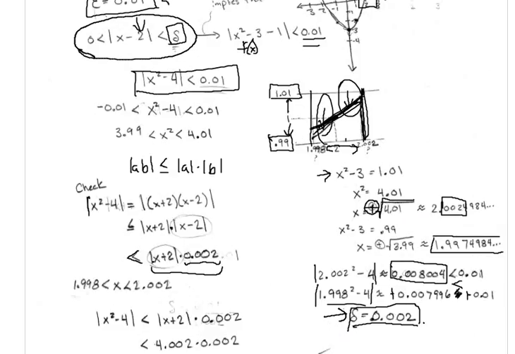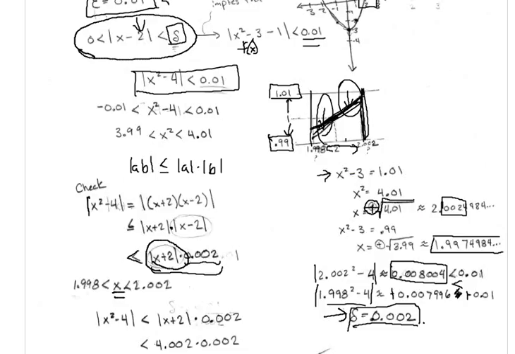But what about this quantity right here, the absolute value of x plus 2? Well, if my delta is 0.002, I know that any x value that I have has to be within the interval of 1.998 and 2.002.